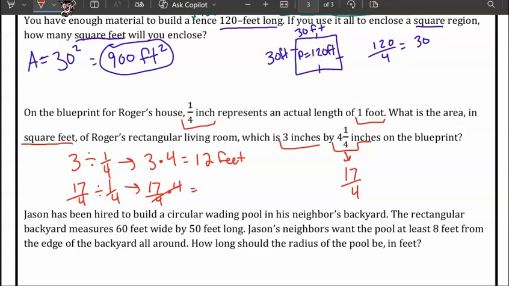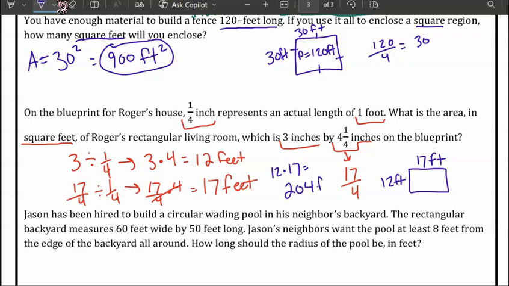The 4's cancel, and you have 17 feet. To find the area, you would multiply those together. 12 times 17 is 204 square feet.